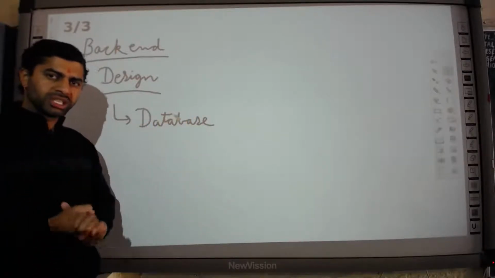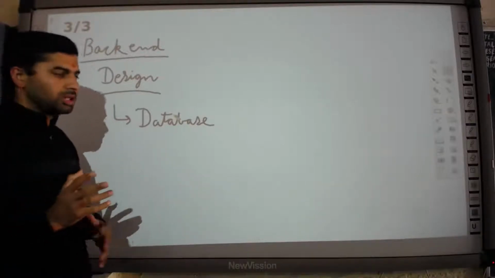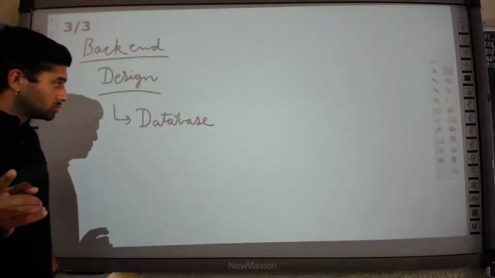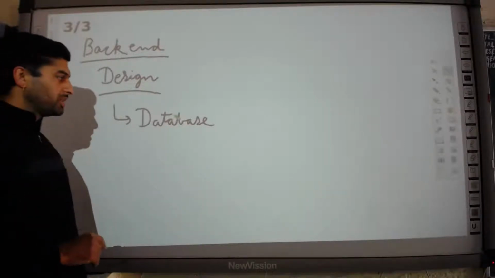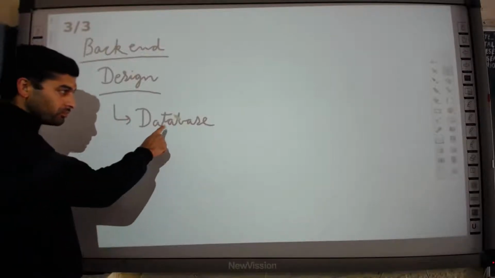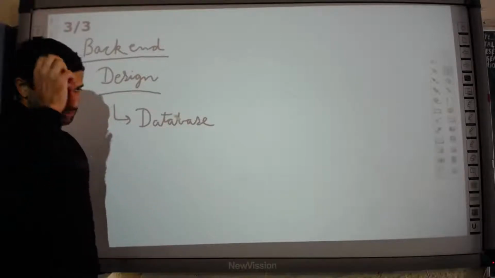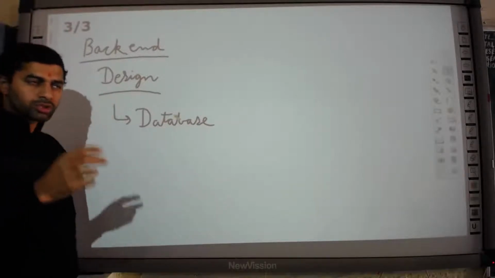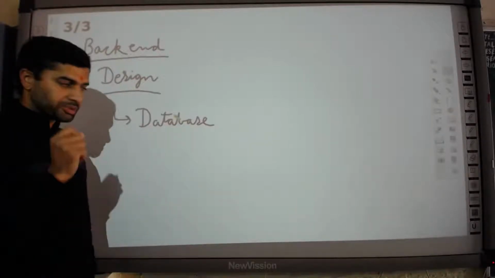Okay, first we have to create a database. I think you know the commands how to create a database in MySQL. If you do not, go to that video of creation of database and tables, and you will be finding all the answers of your queries there. So first one is database. So first we have to give a name to the database. Suppose you are working on library management system, so you can give the name as library.